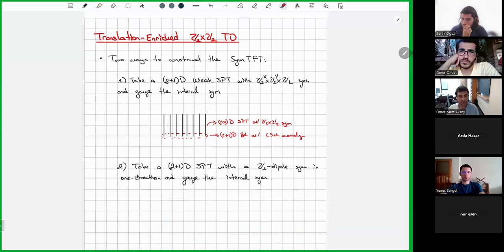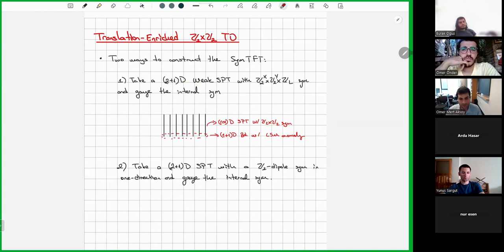Okay, now with that, let me construct this translation-enriched topological order. There are sort of two ways to do that. I want to place this theory with LSM anomaly at the boundary of a two-dimensional gauge theory. So one thing I can do is take what's called a 2+1D weak SPT.